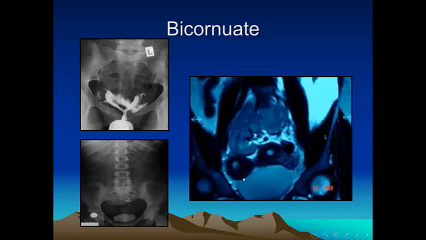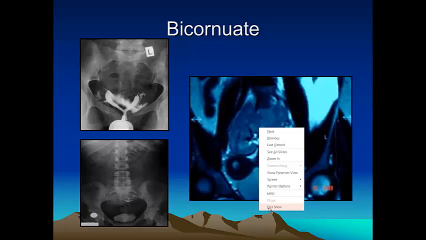Here on MRI, two separate endometrial horns. And here we can see that there is a pelvic kidney.